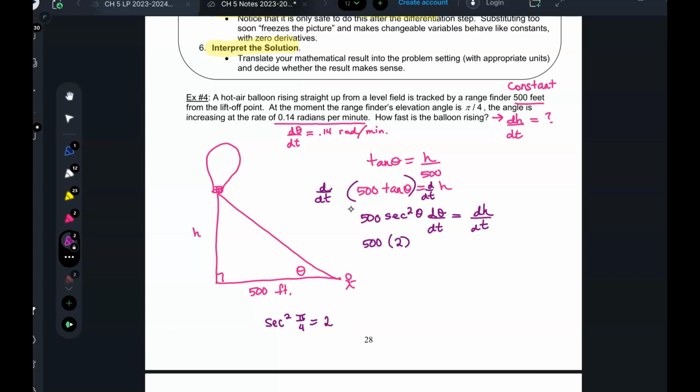We know d theta dt is 0.14. So it's 1,000 times 0.14. That's 140. I missed a 0. So the balloon is rising at 140 feet per minute.